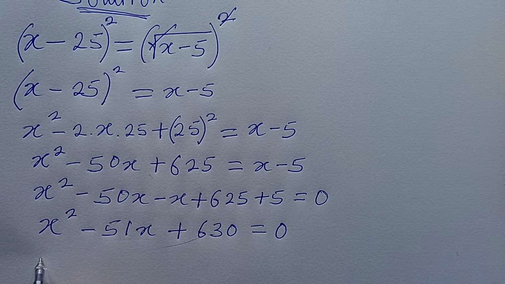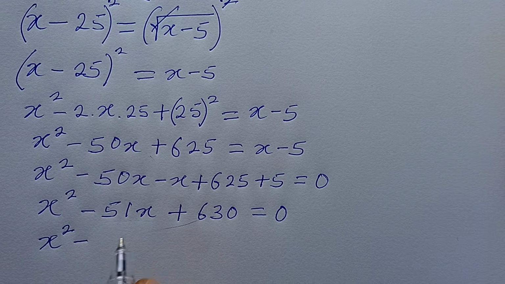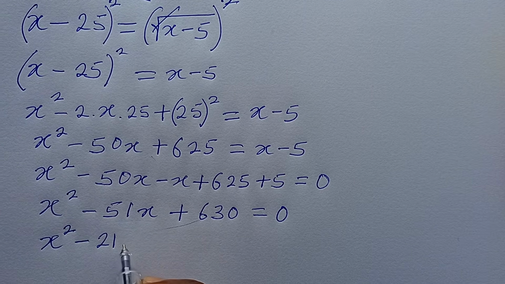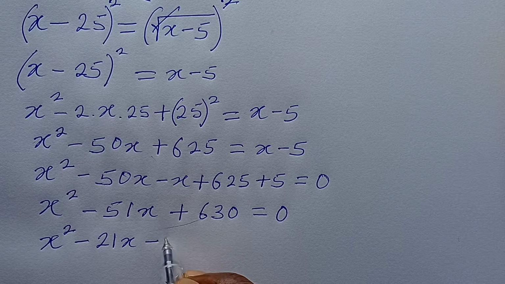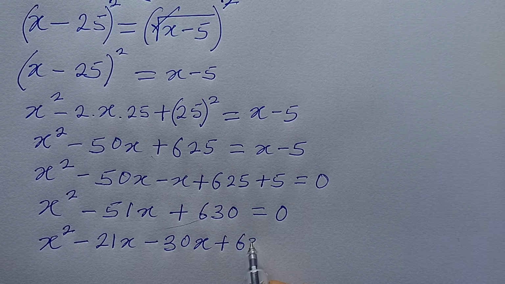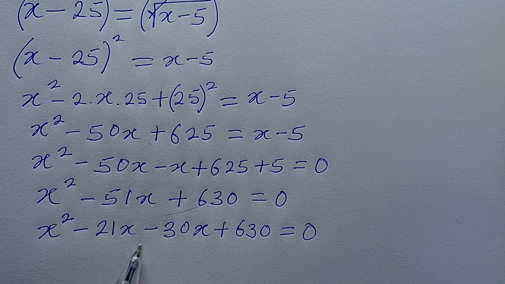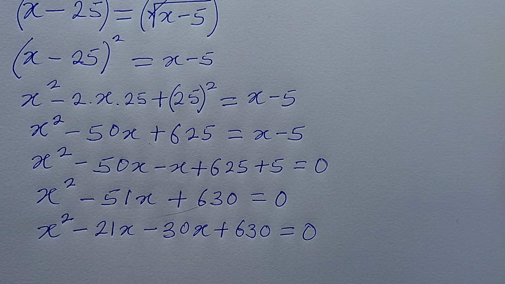So this is going to give us x to the power of 2, minus 21x, then minus 30x, then plus 630 is equal to 0. So we put this in bracket and also put this in bracket.